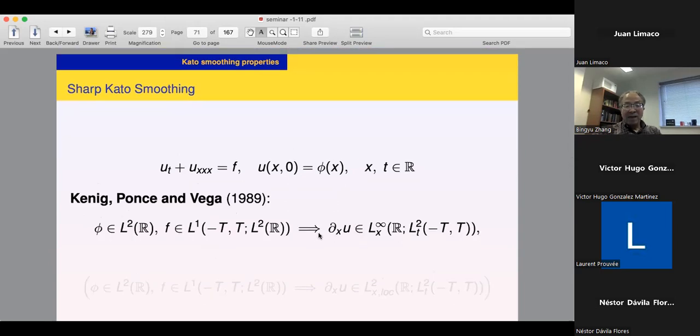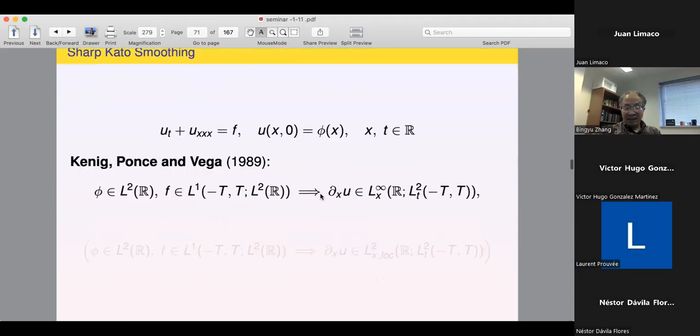Kenig, Ponce and Vega take this into account. They show the following: if the initial data is in L2, and the inhomogeneous term is in L1 about time, L2 about the space, then the solution is one order smoother. However, U sub x belongs to L infinity about the spatial variable.